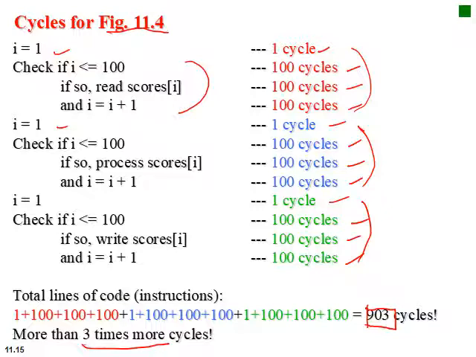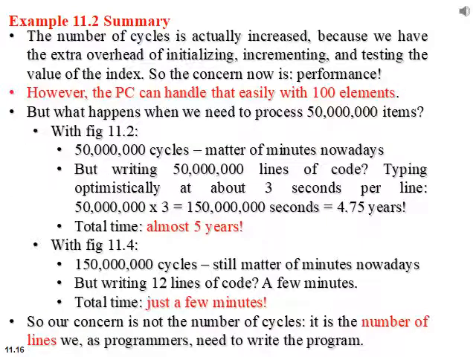So now, what does this tell us? There's more processing going on in this way. All right, so let's look at the summary about what we came to learn now. The number of cycles is actually increased when we use loops, because we have an extra overhead of doing some initialization of a variable, some incrementing of that control variable, some testing if the value is less than or equal to the index value.